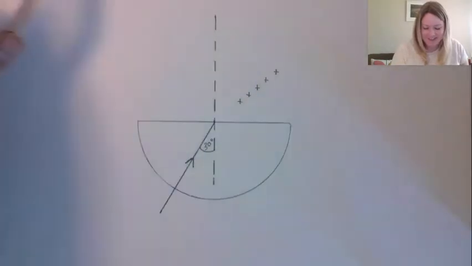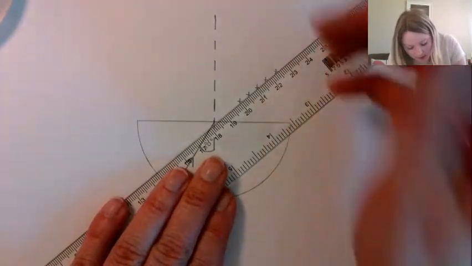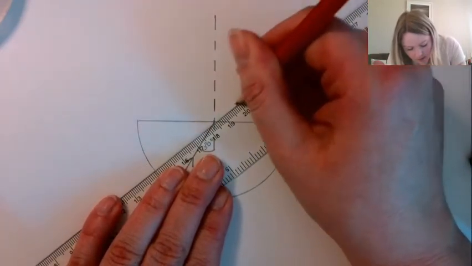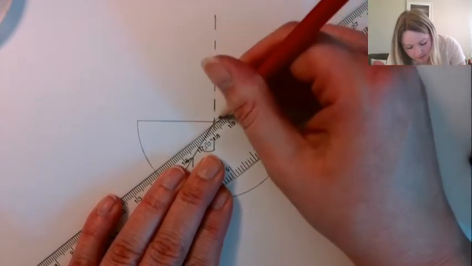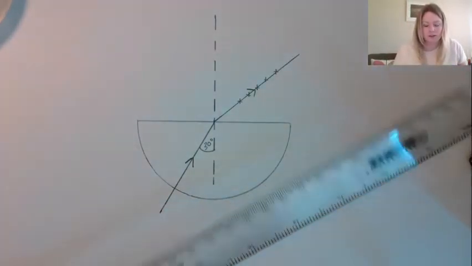So I've got my ruler and I'm going to mark that on. Oh, I nudged my ruler there. I think we're all right. Okay, so that's the path that the refracted ray took.